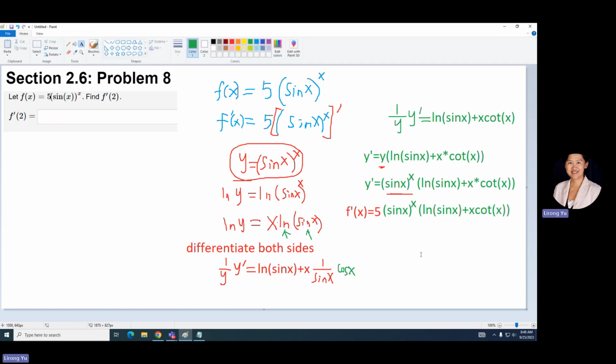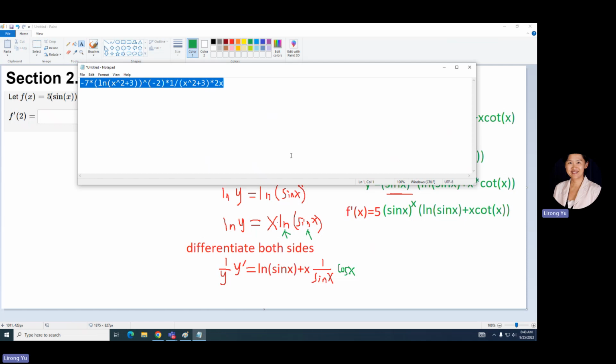All right. Any questions so far? It says we want to find f prime of 2. We have to plug in 2, and you can use your calculator, or you can just enter it into the whole formula.